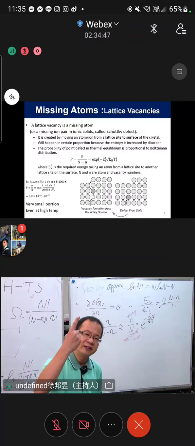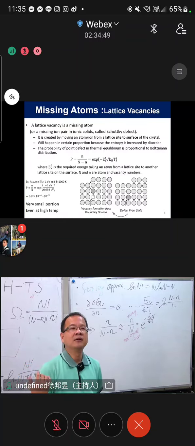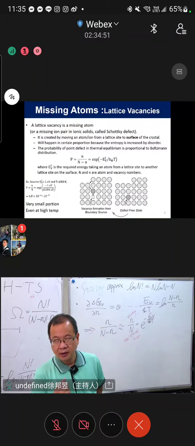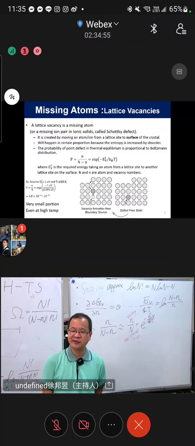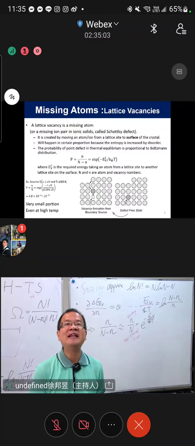So you have one vacancy per 100,000 atoms. So it's not high. Or we can just say it's about 10 vacancies per million atoms. So very small portion, right?